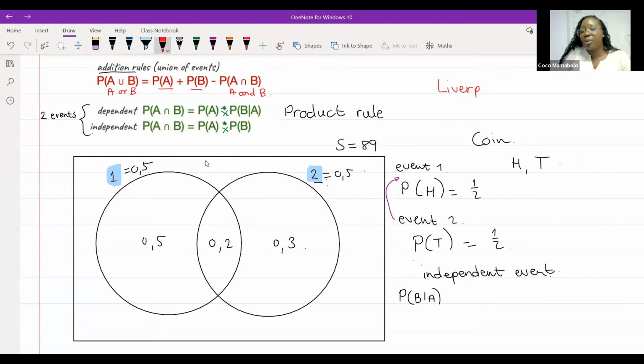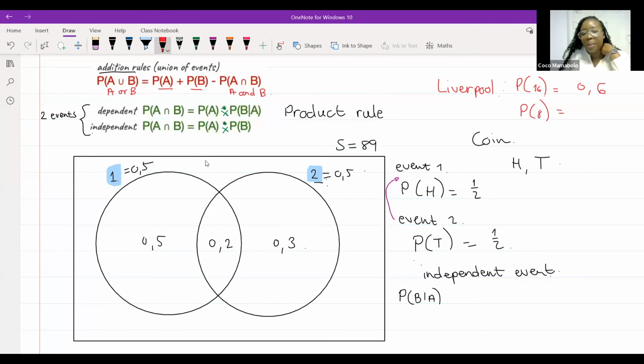So if Liverpool is in, for instance, the knockout stages of the UEFA Champions League, there's a round of 16 first. Let's say the probability of them winning the round of 16 is 0.2. Or let's make it higher, because maybe the team in round of 16 isn't that tough, so the probability of them winning is 0.6. Now they've gone through the round of 16, so now they must go to the round of 8.